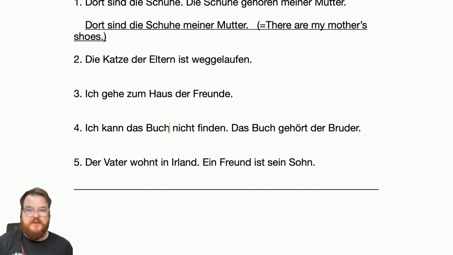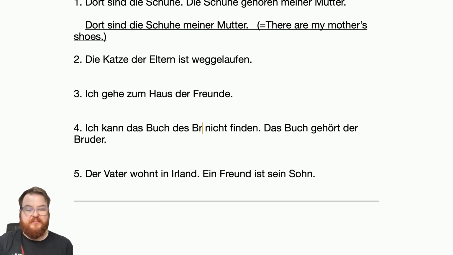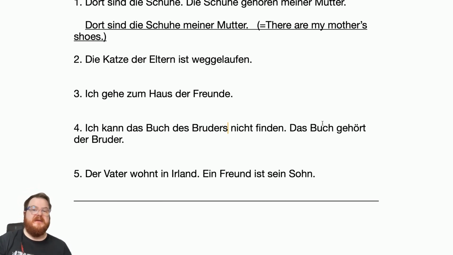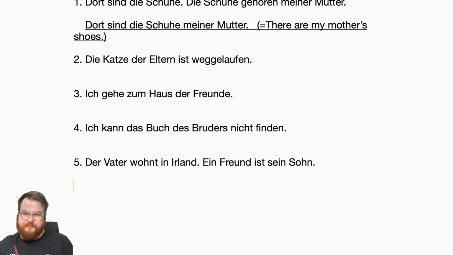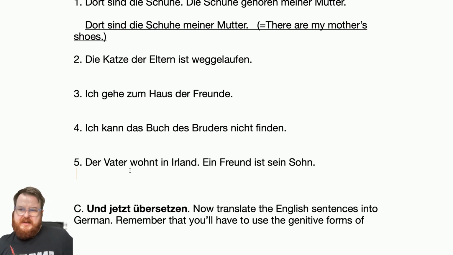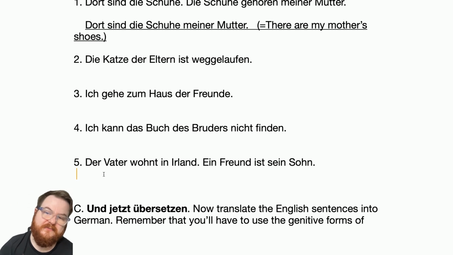Ich kann das Buch des, and then brother is masculine, so Bruders. Ich kann das Buch des Bruders nicht finden. It's masculine, so we stick an S on the end. And, der Vater wohnt in Irland, ein Freund ist sein Sohn.